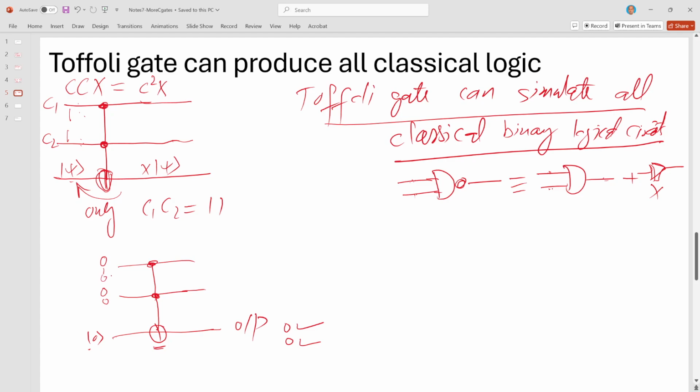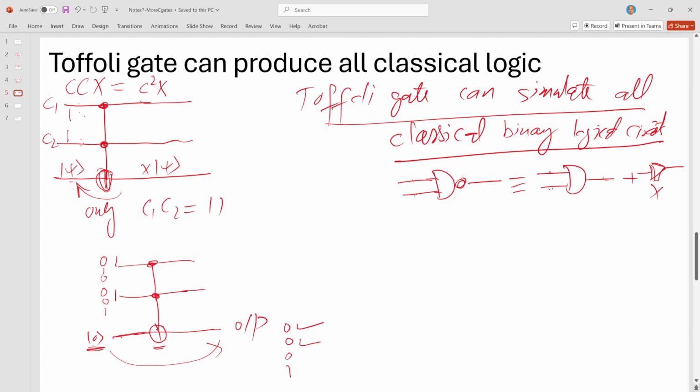If this is 0 and this is 1, we still get 0. And if this is 1 and this is 1, only then this 0 flips to 1.